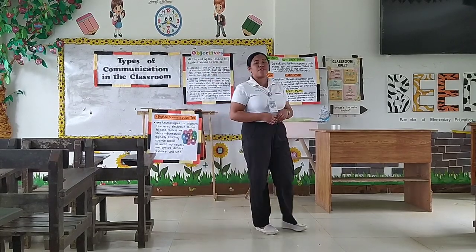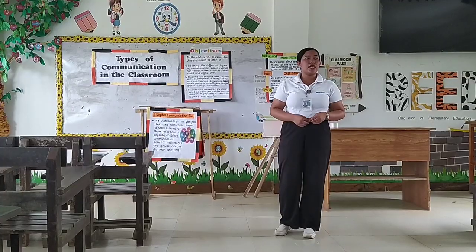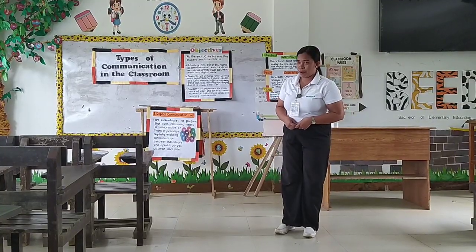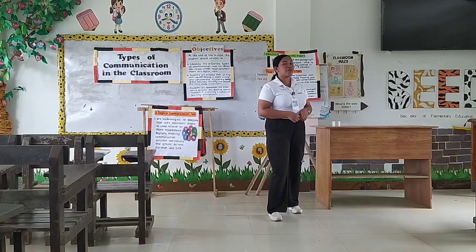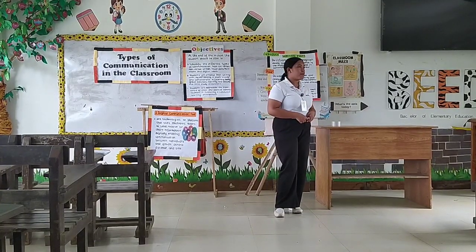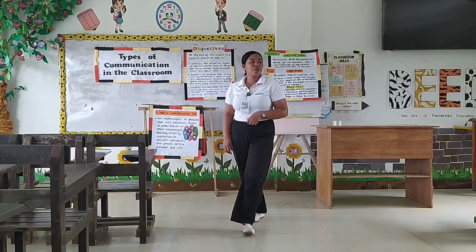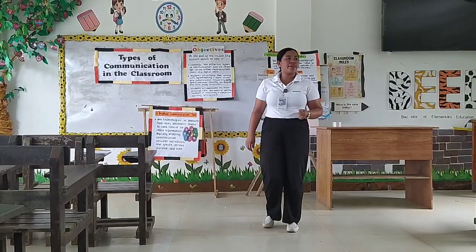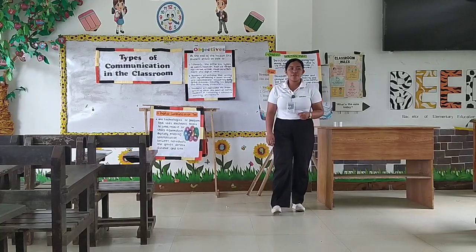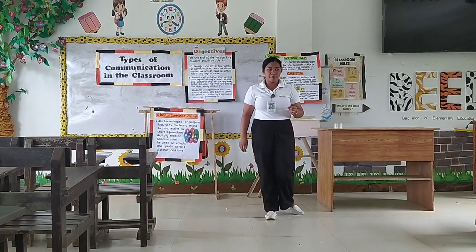I'll be giving you 3 minutes to accomplish the task, and you are going to write it on 1 whole sheet of paper. Is that clear? Timer starts now. Are you done? Please pass the paper in front. I'll be the one to check the papers.